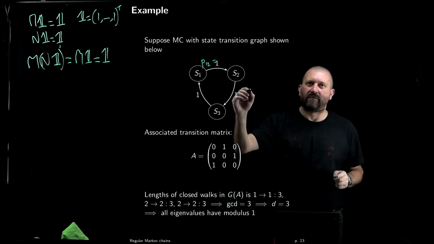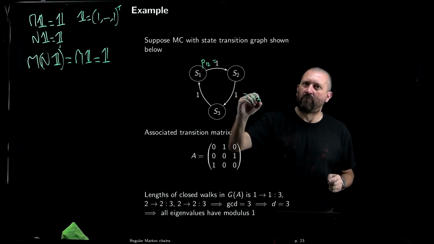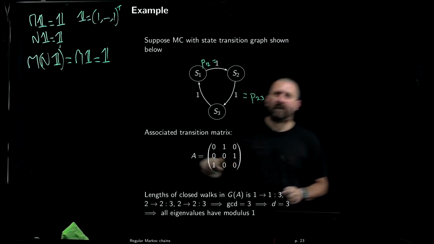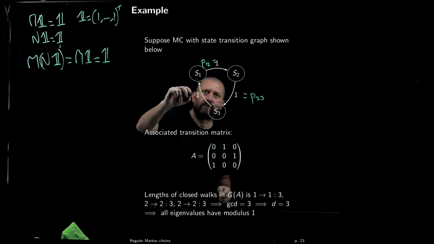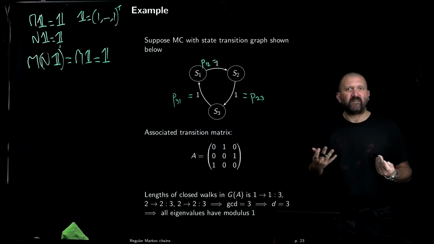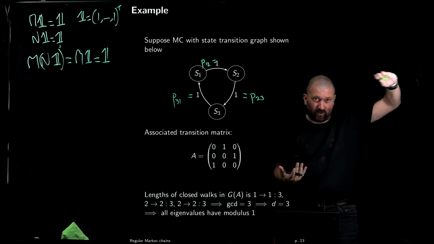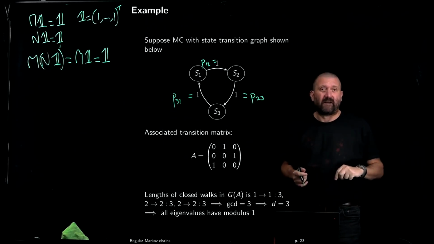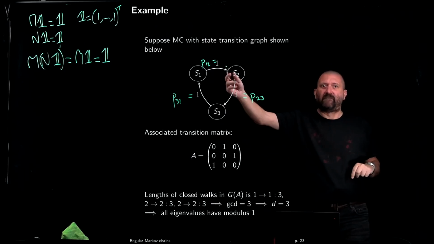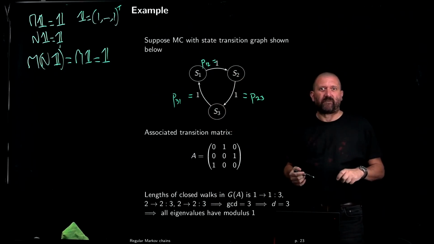This here is P2,3. And this here is P3,1. All the other entries are 0 because this is a stochastic matrix, so the row sums have to be 1. And because I have a 1 already on each row, all the other entries have to be 0.